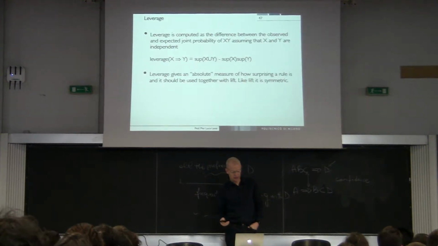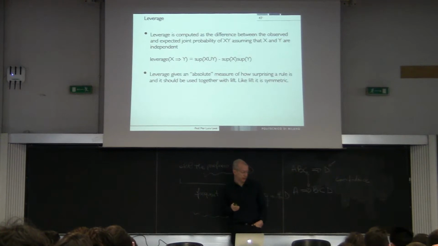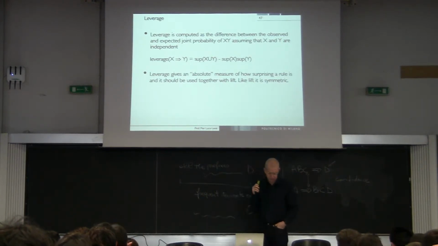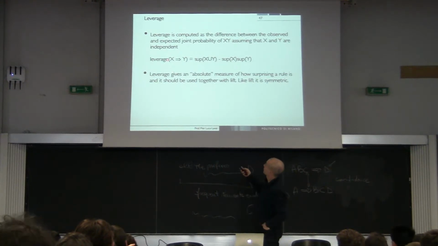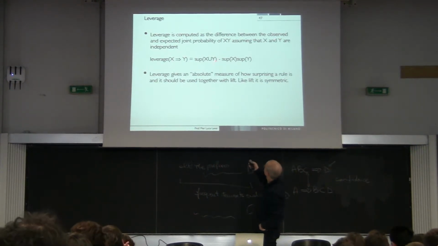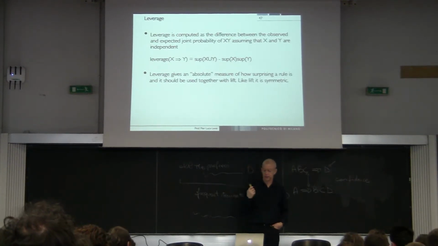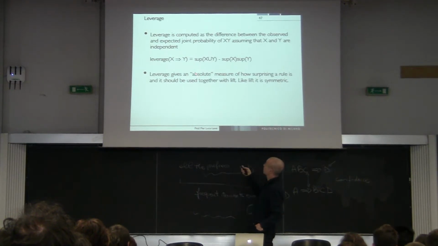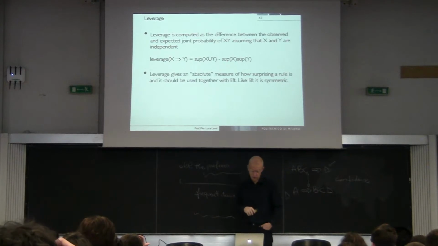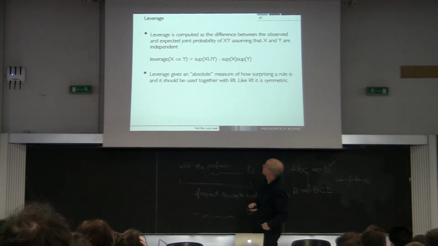There have been other measures. I'm not sure the library I pointed you to in the notebook has it, but you have another one, which, as I said, is the difference between the observed and expected joint probabilities. It takes more or less the same quantities, but instead of taking the ratio of the two, it takes the difference.